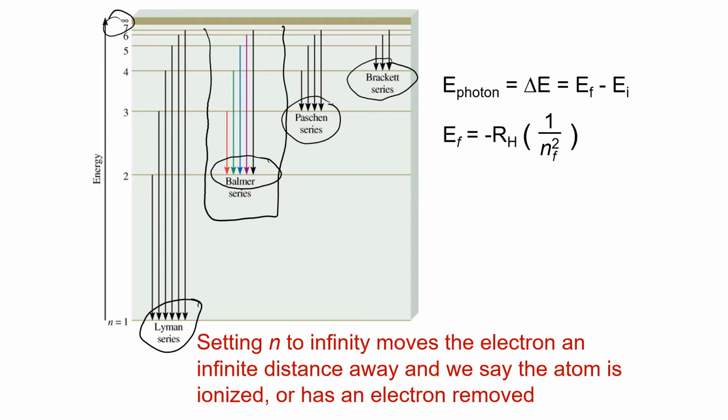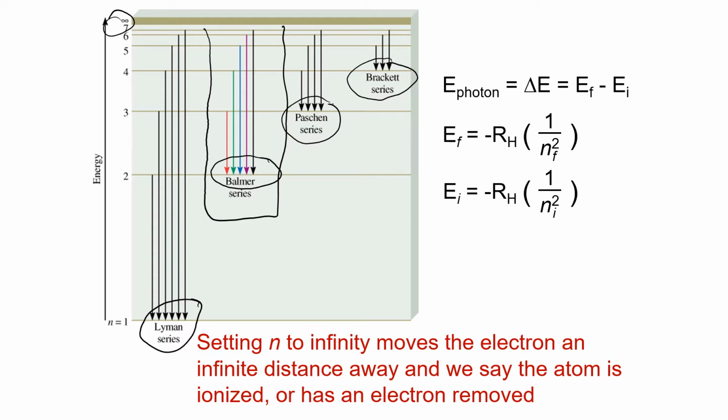Using the Rydberg equation, E final equals minus the Rydberg constant times 1 over n final squared, where n final is the final resting place, whether it's higher or lower than n initial.